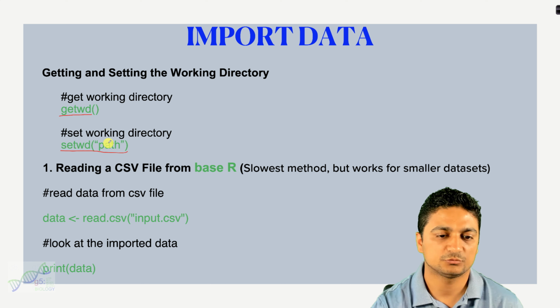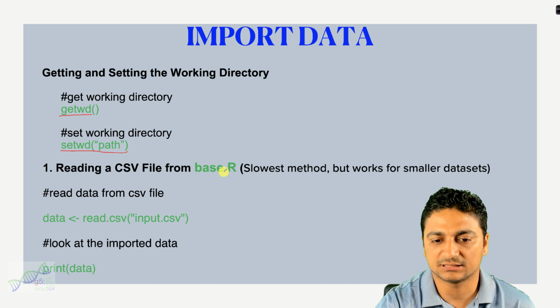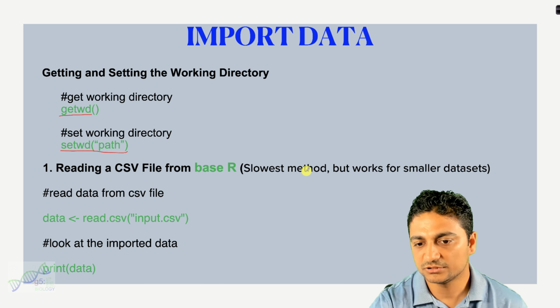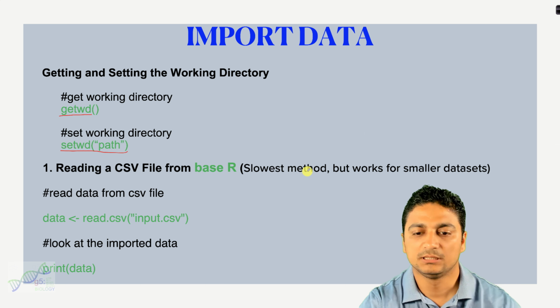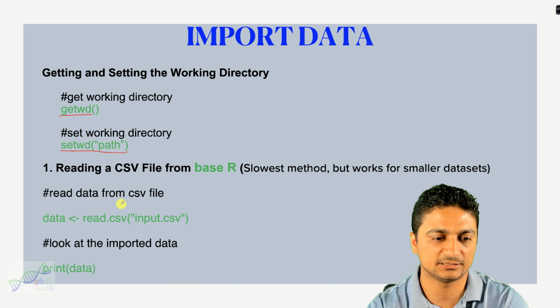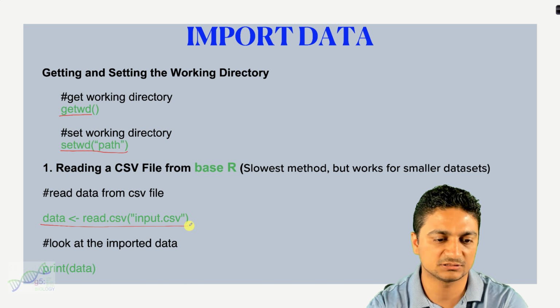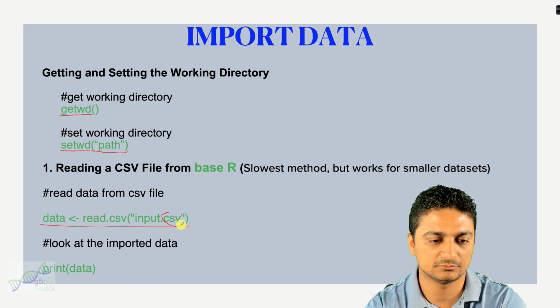Our first way to import the data is reading a CSV file from base R. This is the slowest method, but it works for smaller data sets. So we are good for smaller data sets for analysis, and we use the read.csv function and a CSV file.